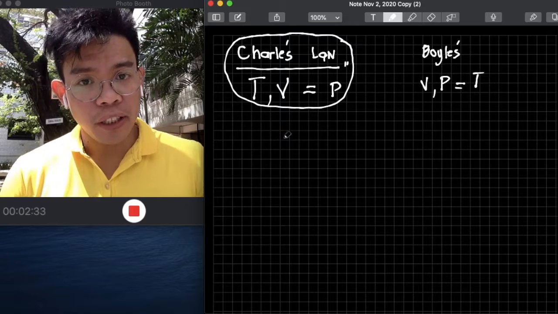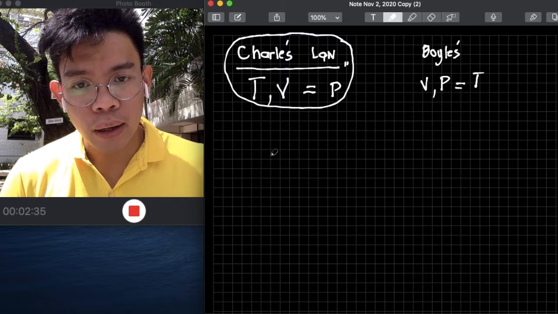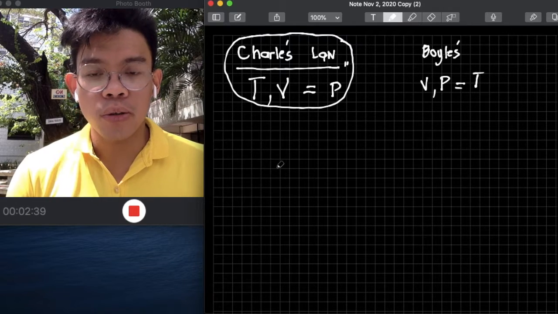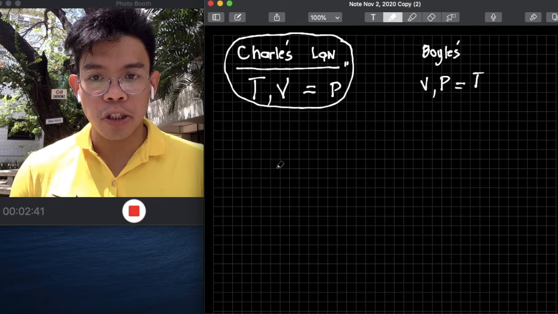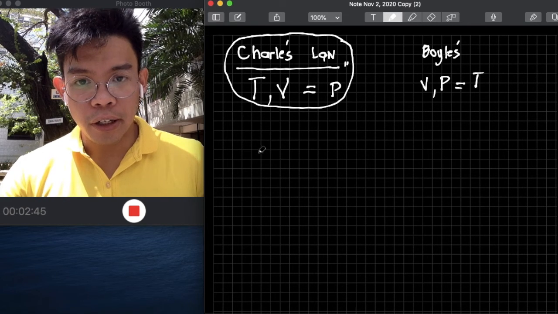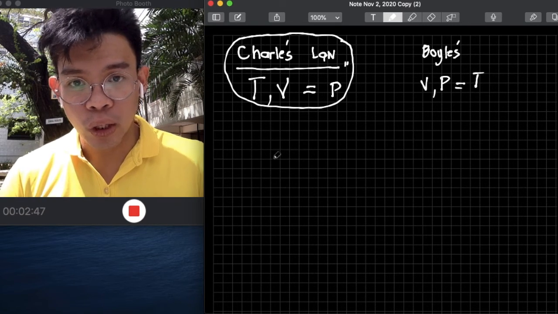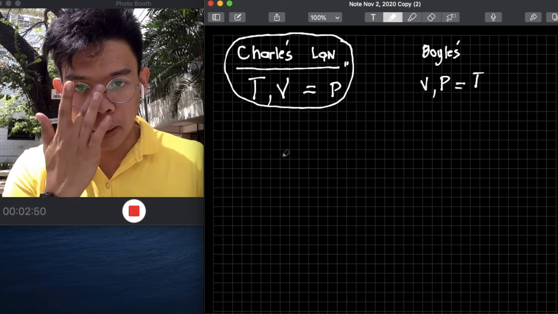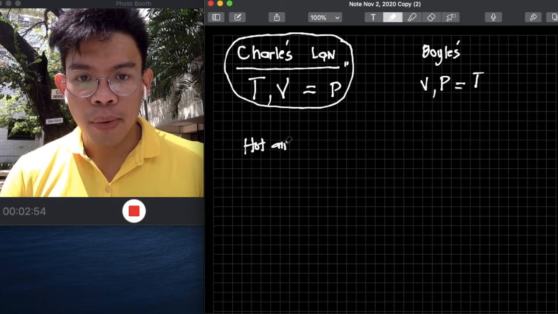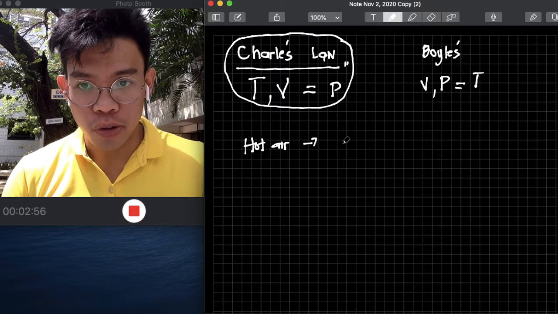For example, in the video that we have in our Google Sheet, the activity, the introduction of gas law, we all know that we use hot air in order to inflate the hot air balloon, in order for it to float. Because hot air has a higher temperature, right?